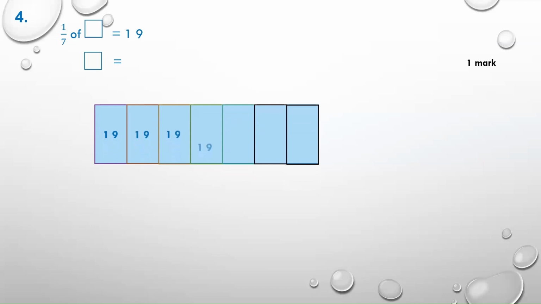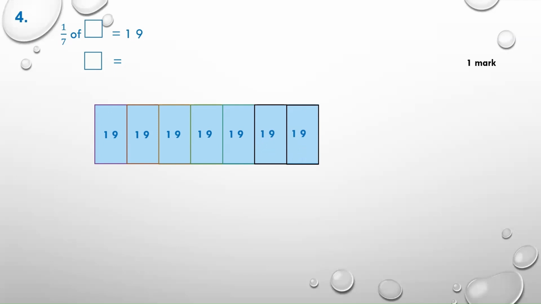And we would have a third 19, a fourth 19. How many 19s will we have in all? We should have 7 of them. Because if we remember, if we have a large item and we're cutting it up into 7 parts, it will be 7 equal parts. So each part will be 1/7. So 1/7 of this large rectangle is equal to 19.